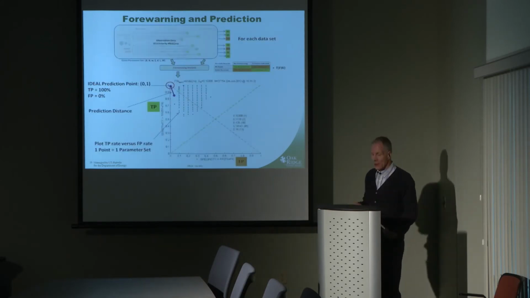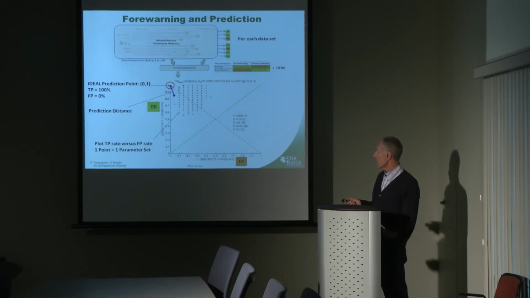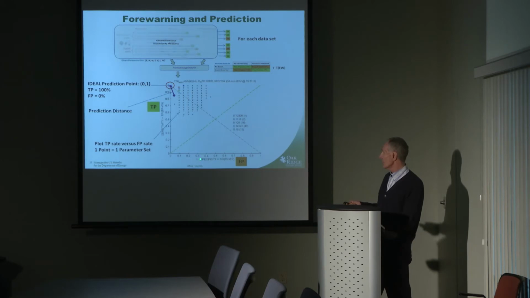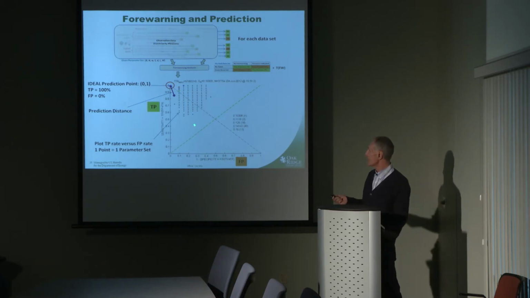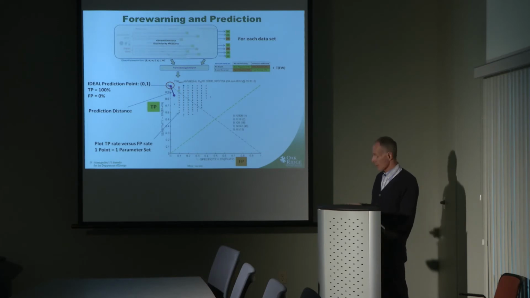So this is an example of how we summarize all those data. We plot the true positive rate versus the true negative rate, which is 1 minus the false positive rate. And the ideal is up here in the corner, when one has basically perfect forewarning.